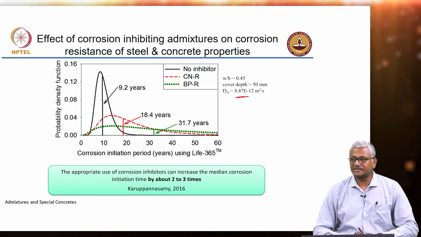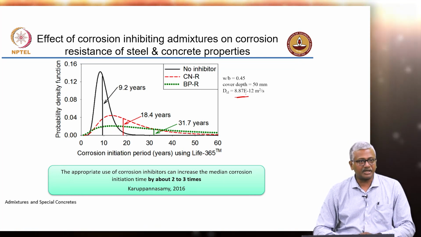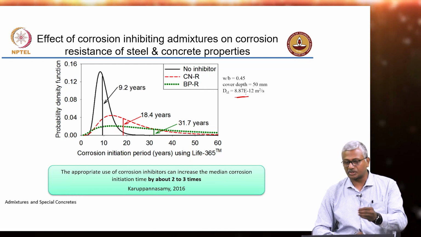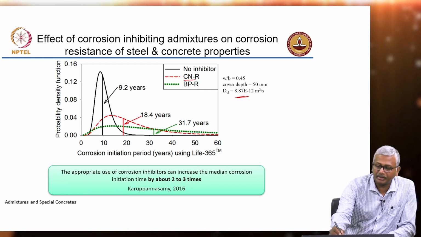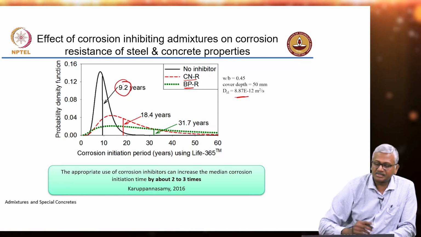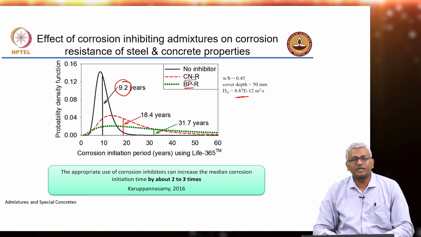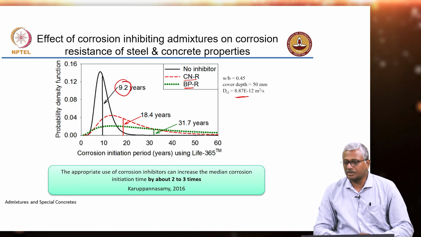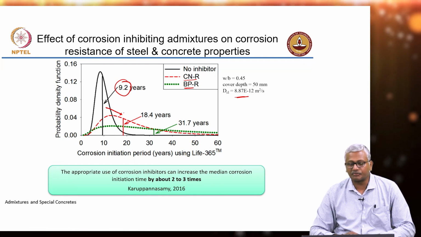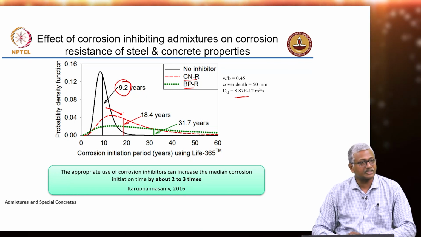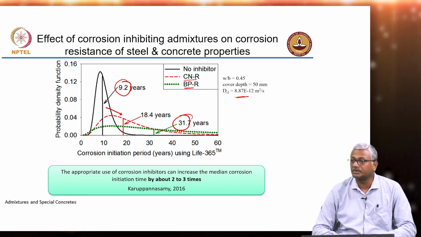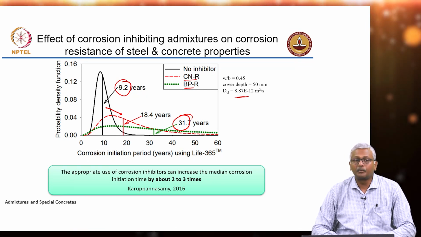So, in such cases, the same study by Dr. Jayachandran saw that when you use corrosion inhibitors, calcium nitrite and bipolar inhibitor, the service life, which was 9.2 years without any corrosion inhibitor, was enhanced to 18.4 years for the concrete with calcium nitrite corrosion inhibitor and to 31.7 years for the concrete with bipolar corrosion inhibitor.